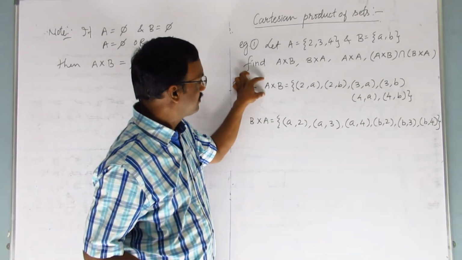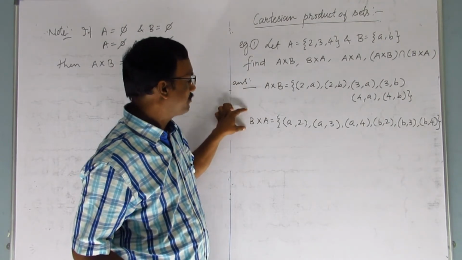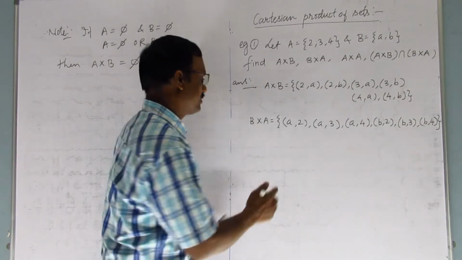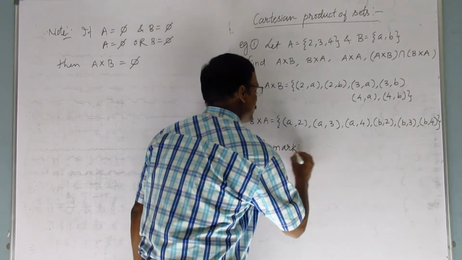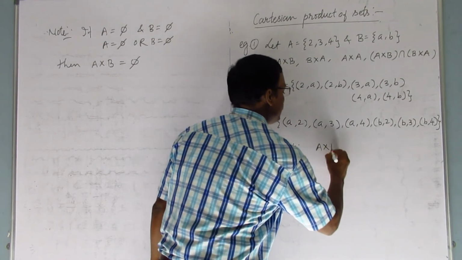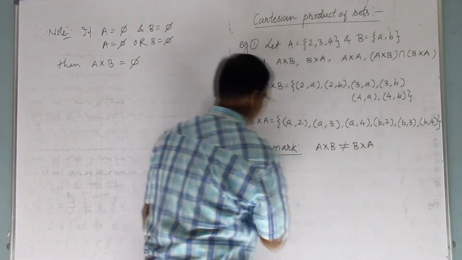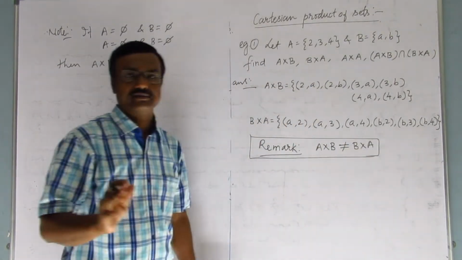That means the Cartesian product A cross B and the Cartesian product B cross A are totally different. They are not equal. So our remark, very important, is that A cross B is not equal to B cross A. So this is a very important remark as far as Cartesian product of two sets is concerned.